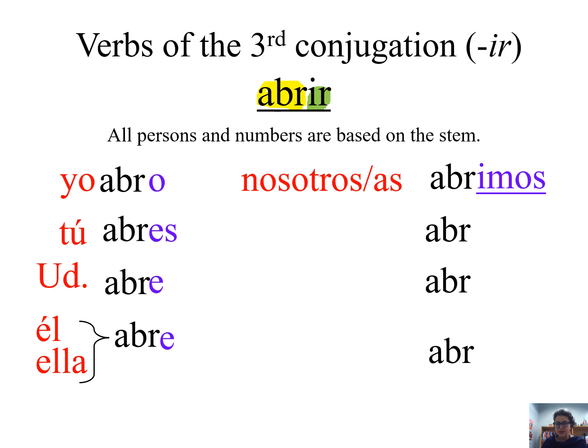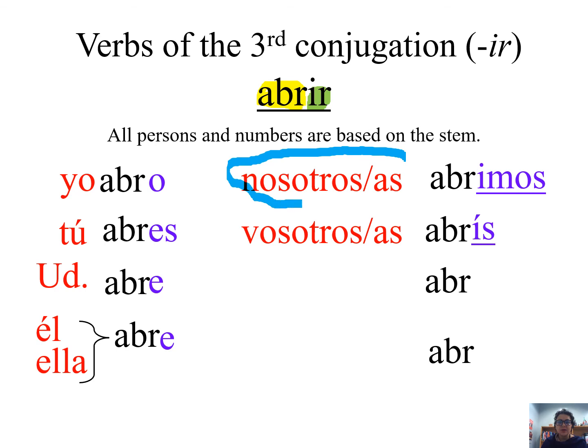Instead of ending with emos, we are going to have the imos sound. I know in English it's hard to pronounce the ee sound when you have an i, but remember, the i in Spanish sounds like ee. Imos. Nosotros abrimos. This is the only one that is going to change.